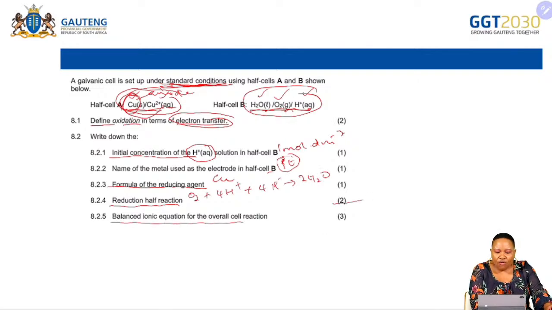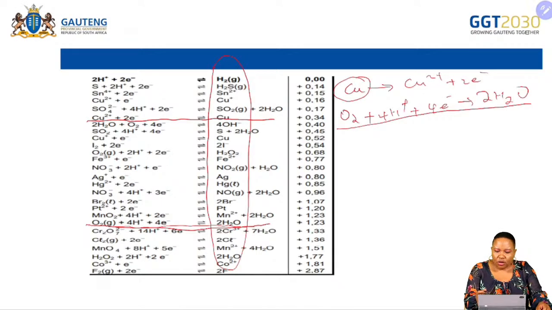And then for the overall balanced reaction, we are going to add the 2 reactions. As you can see, here we are having 2, here we are having 4. So we can even say we are dividing by 2 here, so it's going to be 2H plus and 2 electrons there and H2O. We take the LCM, making sure that the number of electrons on both sides are equal and then cancel each other.